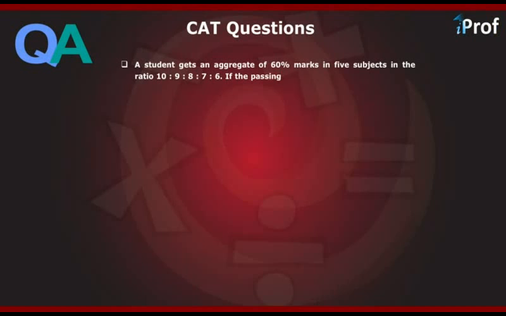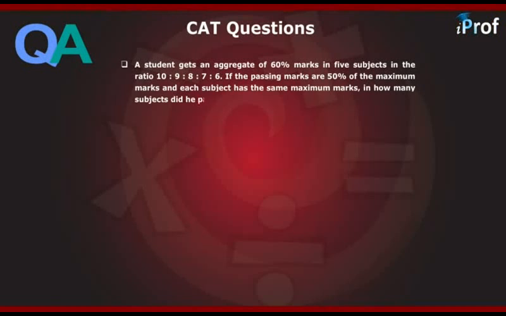If the passing marks are 50% of the maximum marks and each subject has the same maximum marks, in how many subjects did he pass the examination? The given options are A. 2, B. 3, C. 4, D. 5.